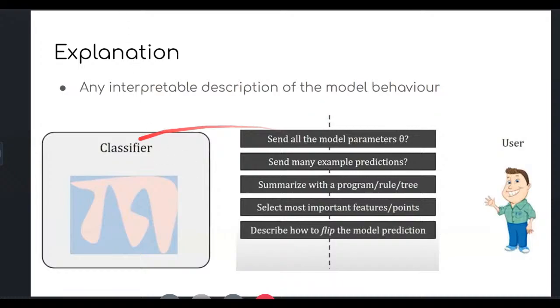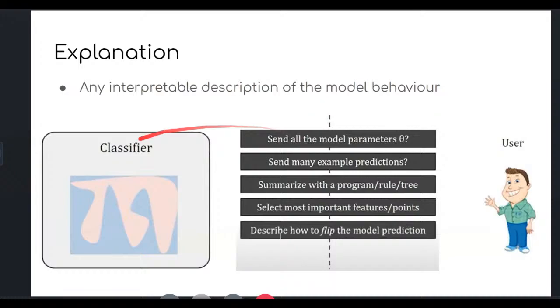We will see some of these things. All right. So there are broadly two kinds of explanations also: local explanation versus global explanation. Again, this is not a hard classification. Based on the nature of the explanation, we can think of them as local versus global. So what is global explanation?